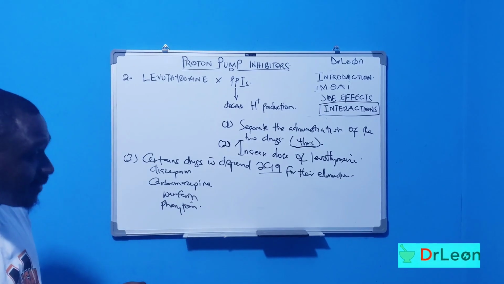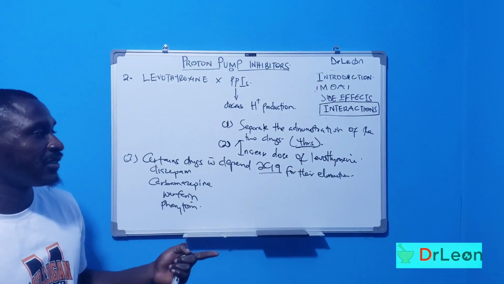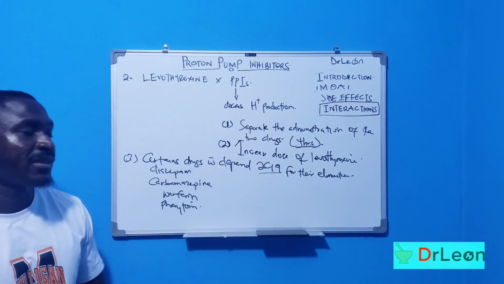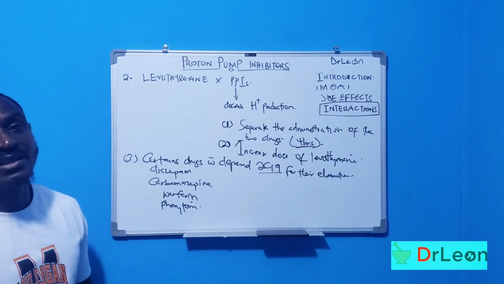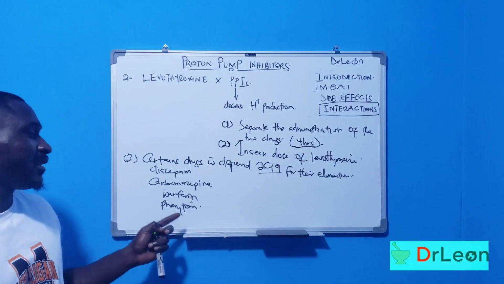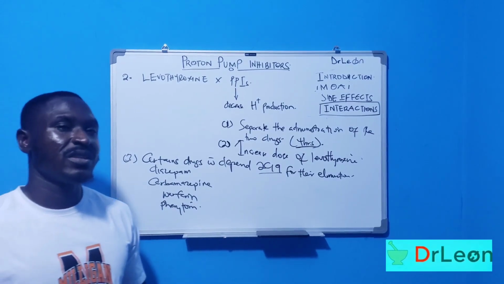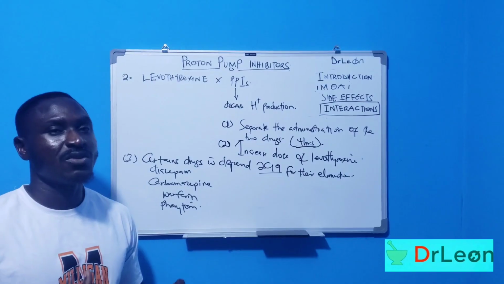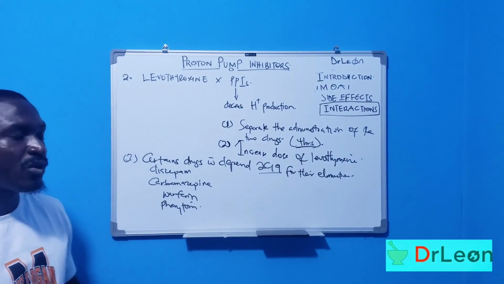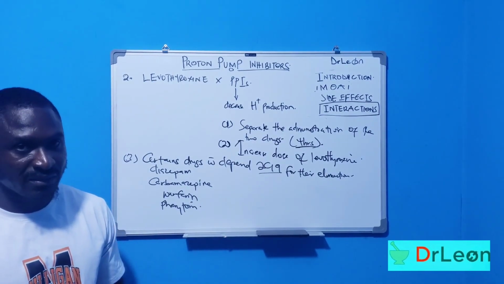So anytime that a patient is on any of these drugs and a proton pump inhibitor, you advise that we monitor the levels of these drugs so that the levels wouldn't be high enough to cause harmful effects, or if better, we try to avoid the combination of these drugs, or we reduce the dosages of these drugs.